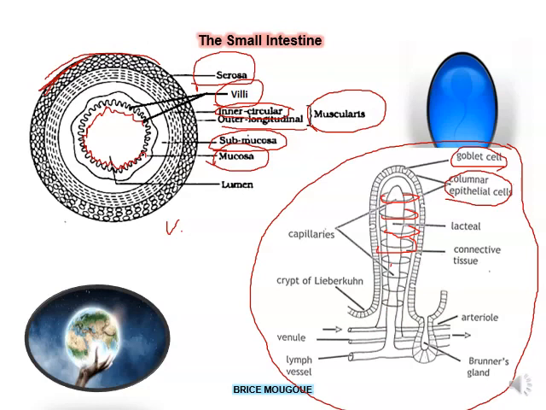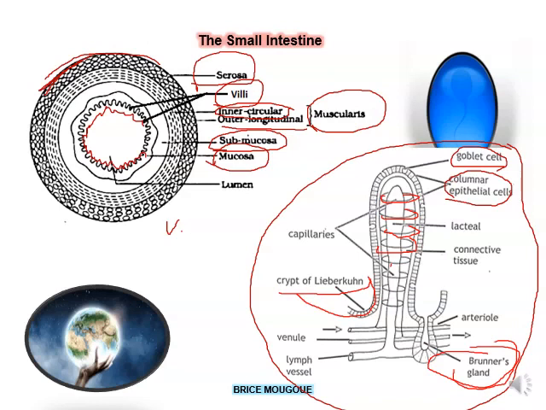Again, we have crypts of Lieberkühn, which occur between the villi. And when we look at the villi found inside the duodenum, we will also identify Brunner's glands. Both the crypts of Lieberkühn and Brunner's glands are involved in producing an alkaline mucus. Two aspects there: we have alkaline and we have mucus.